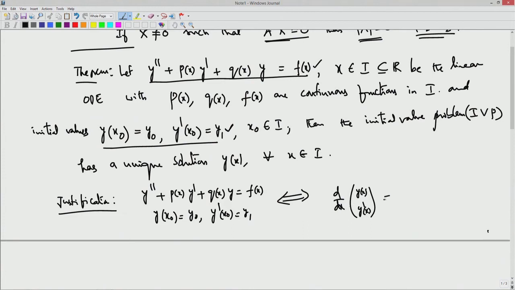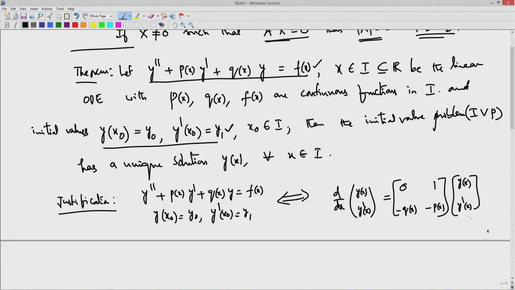If you take the derivative, you get the matrix with rows 0, 1 and minus q(x), minus p(x), multiplying the vector (y(x), y dash(x)).